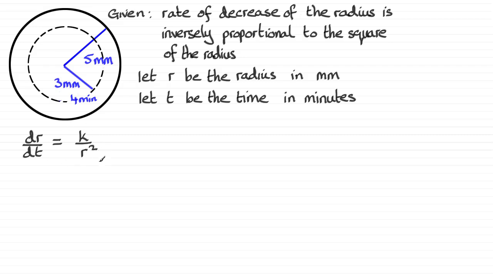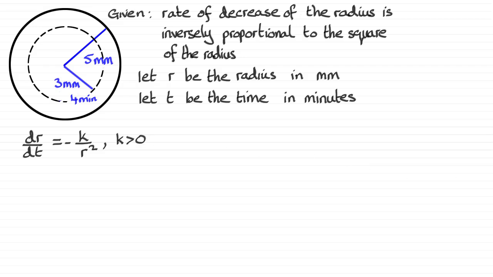Now I could leave it as an equation like this, but I would prefer, because it's rate of decrease rather than increase, to put a negative sign here, because I would expect that to be a negative value, and that would mean that that constant k would be a value that is greater than 0.